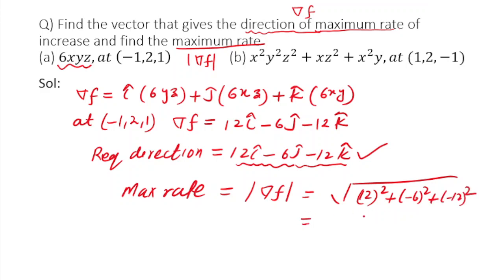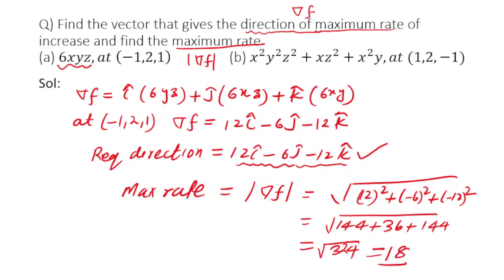So it is 144 plus 36 plus again 144. We have to take the square root of this, so that is 144 plus 144 is 288, and 36 makes 324. So under root 324 is equal to 18. So the maximum rate of increase is 18.